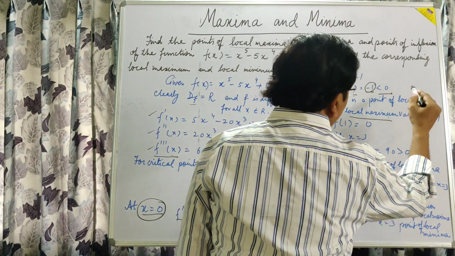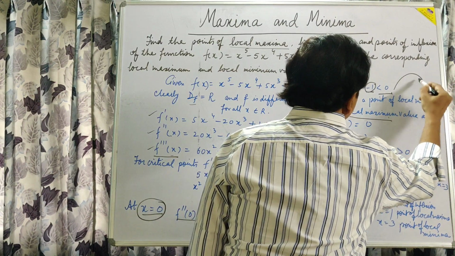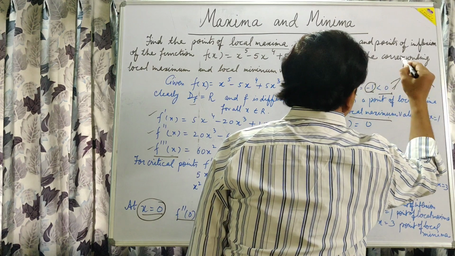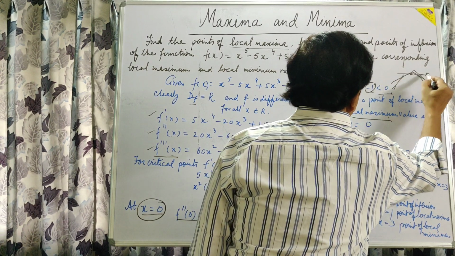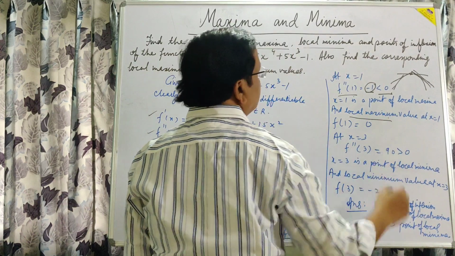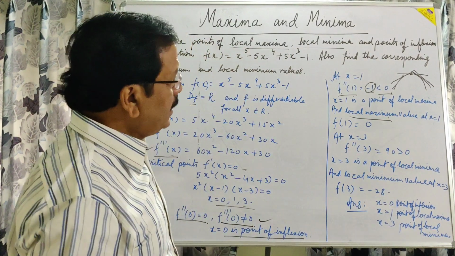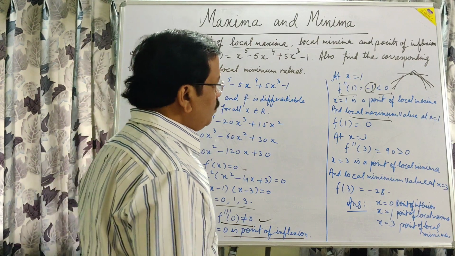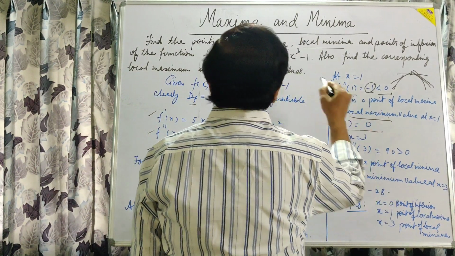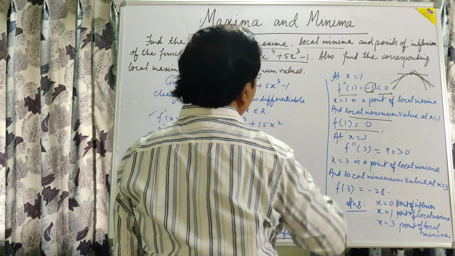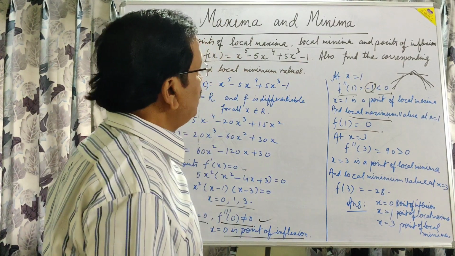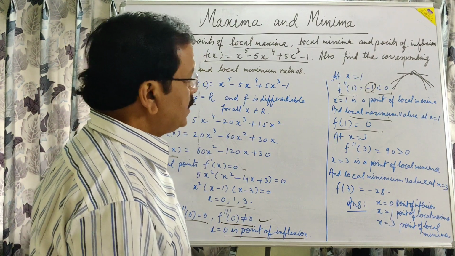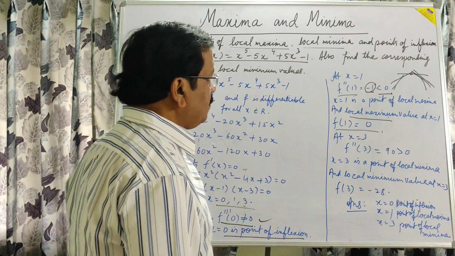Here you can see f dash is greater than 0 before and less than 0 after, and f double dash is a negative value, so this is local maxima at x equal to 1. After substituting in the given function f x equal to x to the power 5 minus 5x to the power 4 minus 5x cube minus 1, we get the value 0, and this is the maximum value.